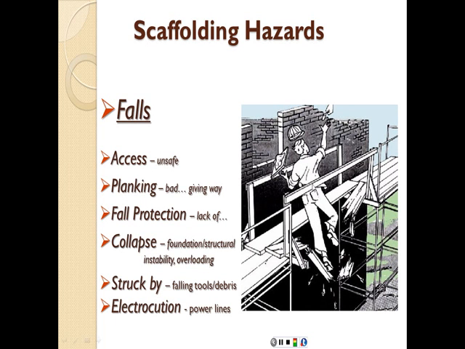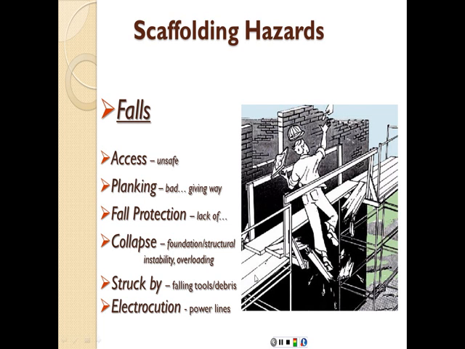Lack of fall protection, so if you don't have guard rails, for example, or if you don't have personal fall protection equipment, then that's going to be a problem. Collapse, foundation or structural instability or overloading.